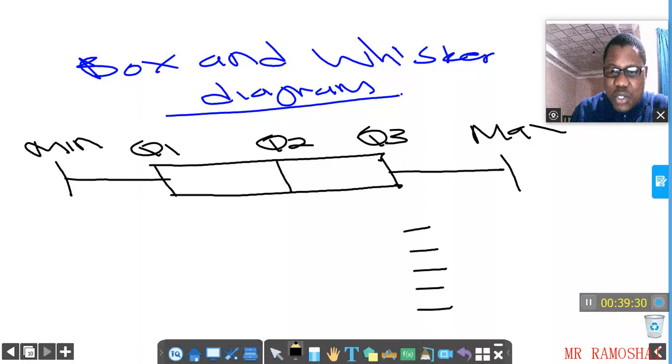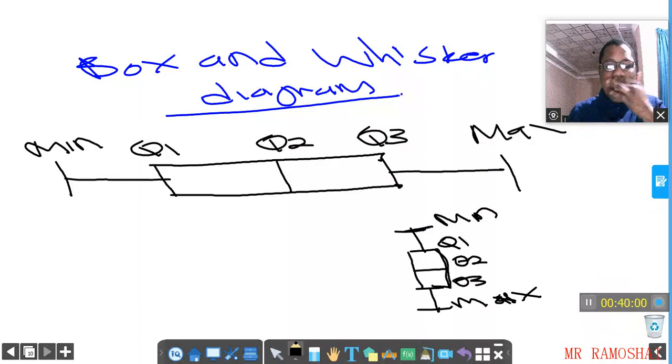I want to show you that things don't change according to how this is standing. We can still do the box and whisker standing vertical. If this one is the minimum, this is Q1, this is Q2, this is Q3, and this is our maximum number.